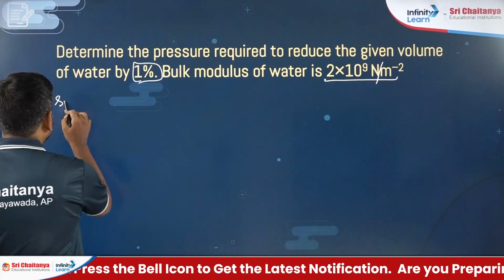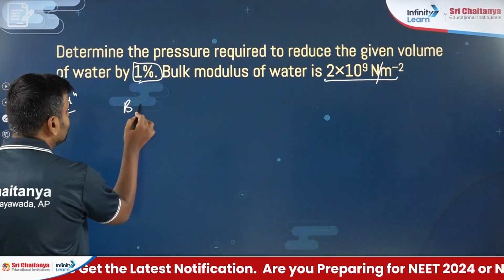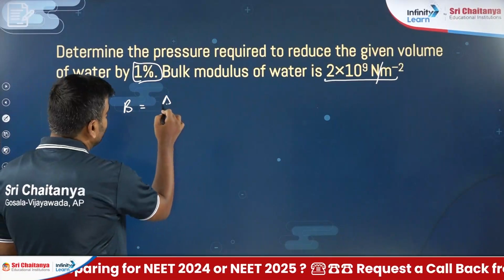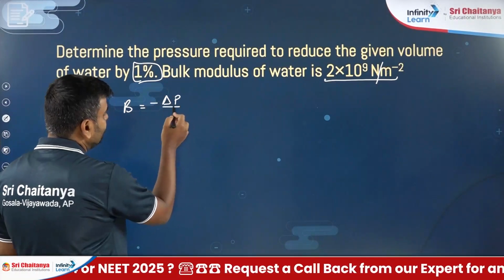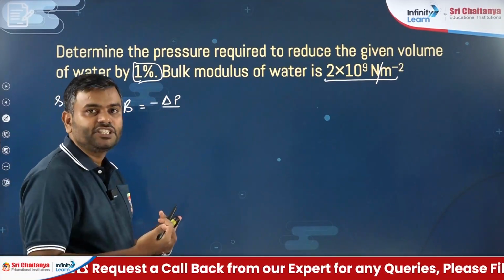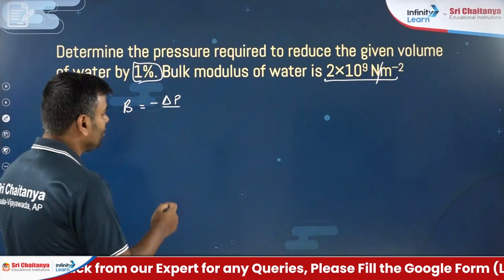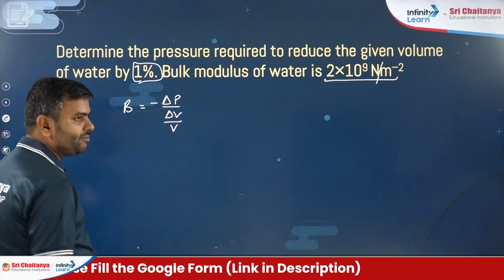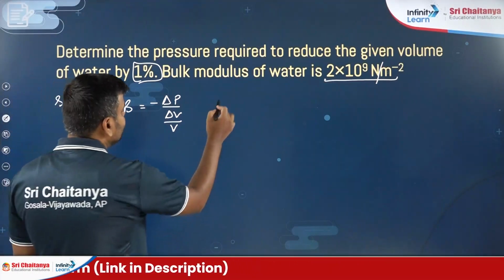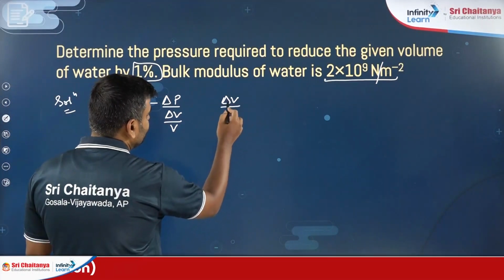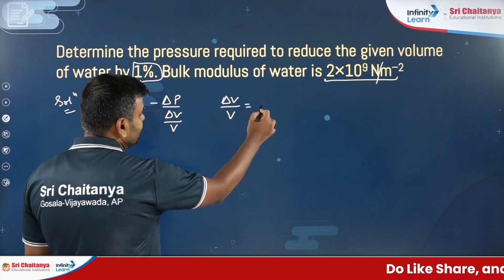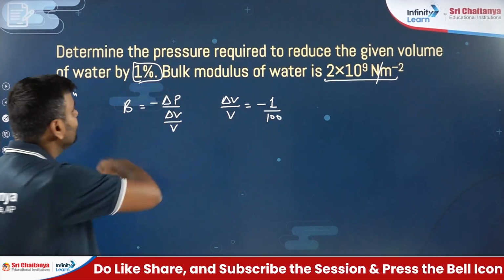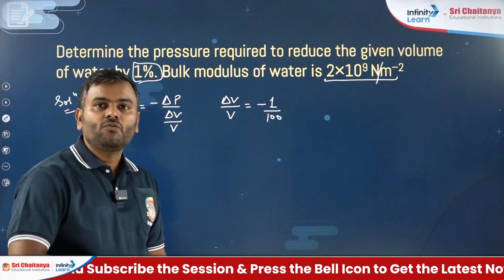So let's calculate that. We know that the bulk modulus relation is: bulk modulus is equal to minus delta P, where delta P is the pressure which we are applying in order to decrease the volume, divided by the volumetric strain, delta V by V. Now in this question they have already given us the volumetric strain, delta V by V, and that is minus 1 by 100, because they have given that there is a decrease in the volume by 1%.